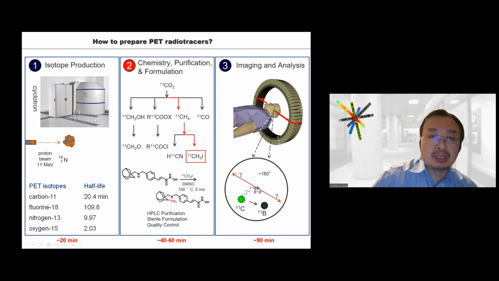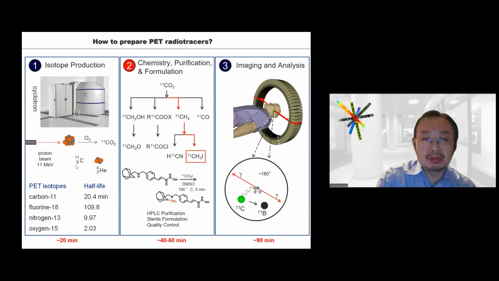The cyclotron is a kind of generator for radioisotopes. For example, the high-energy proton beam from the cyclotron can react with the nitrogen in the air, and in the nuclear reaction it releases a helium particle plus C11. C11 is very unstable, so it easily reacts with the oxygen in the air and forms C11 carbon dioxide.